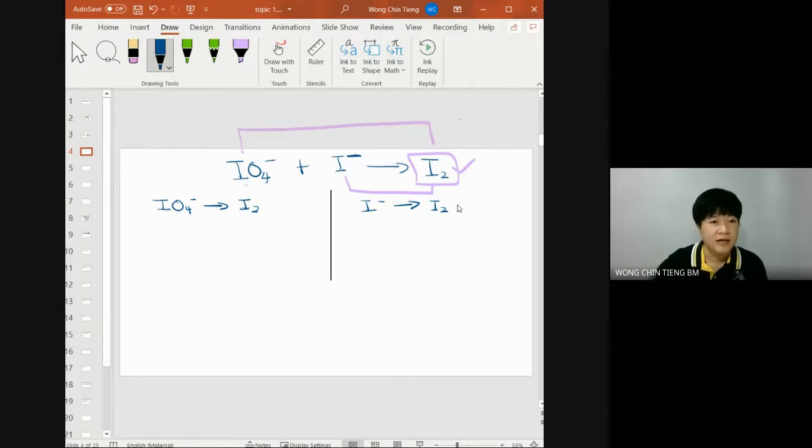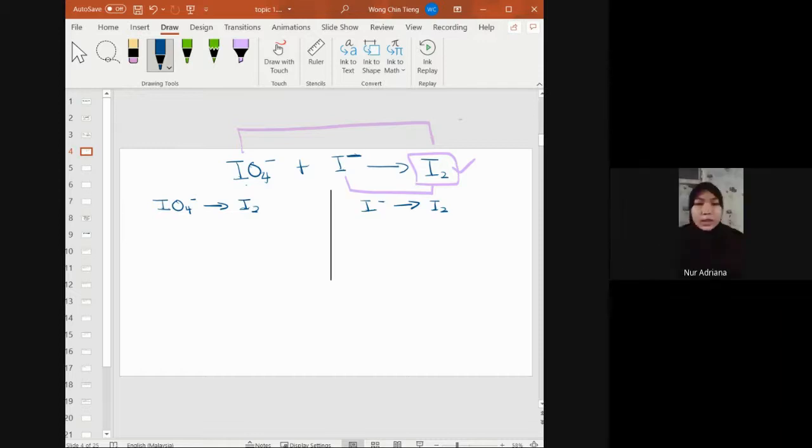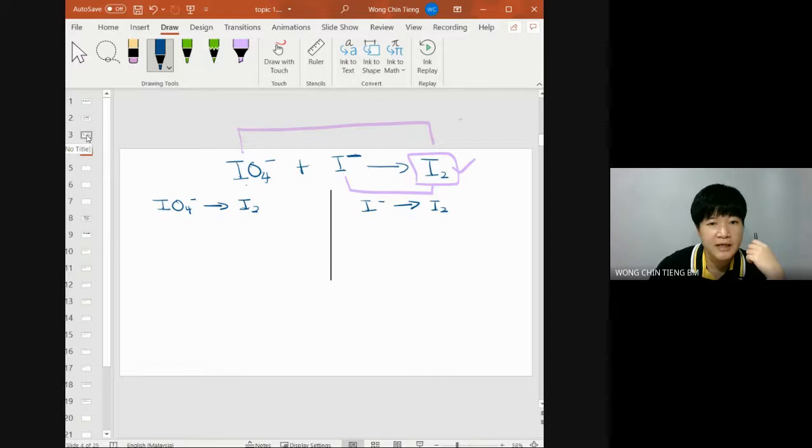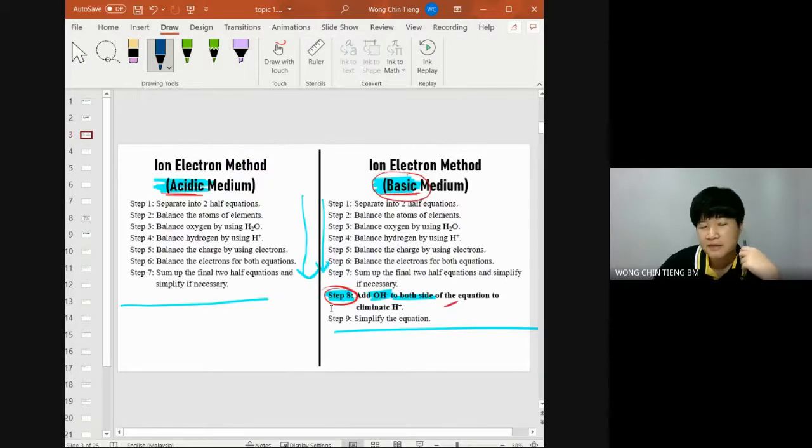Alright, Adriana, second step. Balance elements dalam persamaan tu. Okay, balance element dalam persamaan. Kat sini teacher nak tambah sikit ayat dia supaya your life is easier with the sentence. Your step 2 is balance the atom of the element.